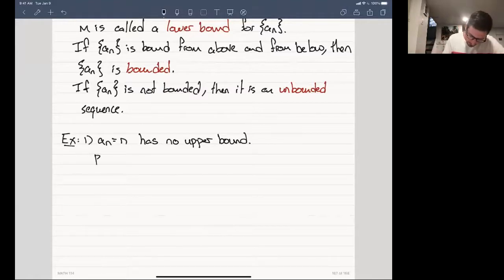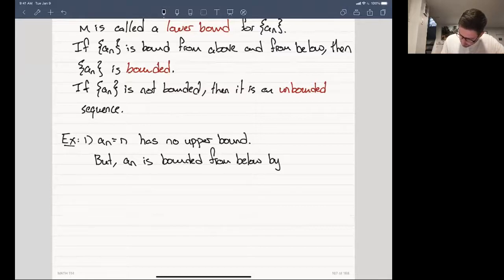But a_n is bounded from below by 1. Why? The first element in this case is 1, and then the next one is 2, and then 3, and you're just continually adding up. So the first element in this sequence is the smallest one.